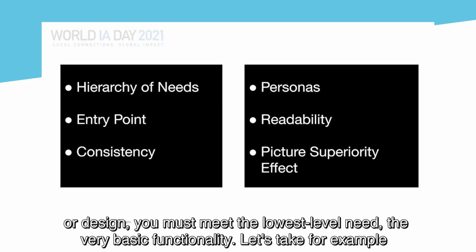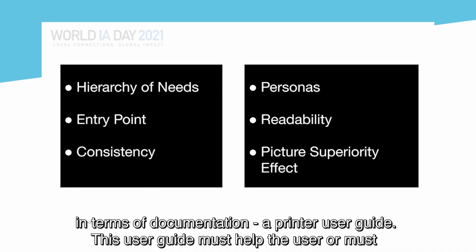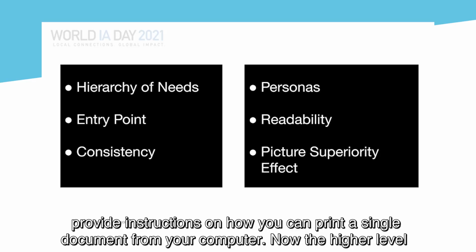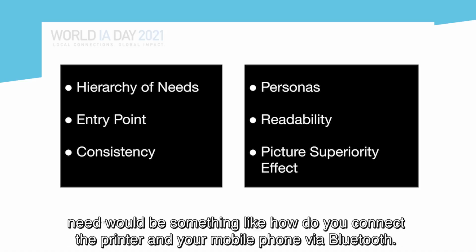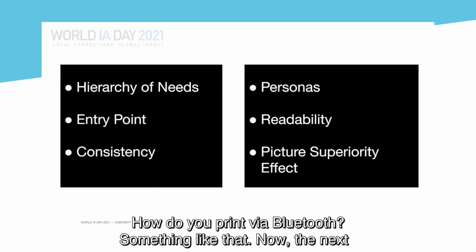So let's take, for example, in terms of documentation, a printer user guide. This user guide must provide instructions on how you can print a single document from your computer. Now, the higher level need would be something like, how would you connect the printer and your mobile phone via Bluetooth? How would you print via Bluetooth?